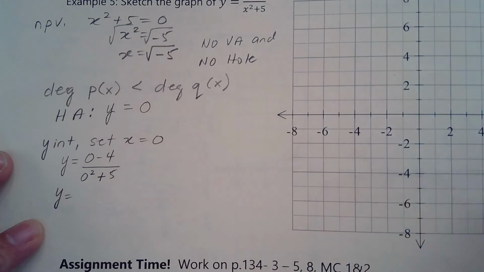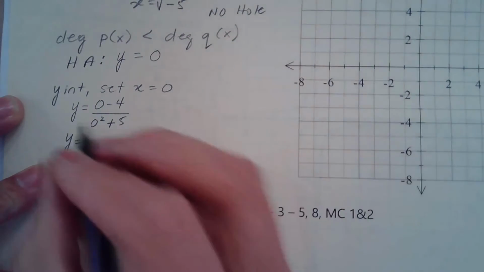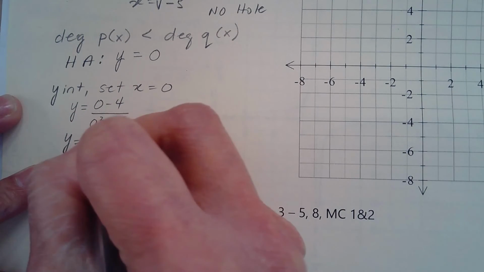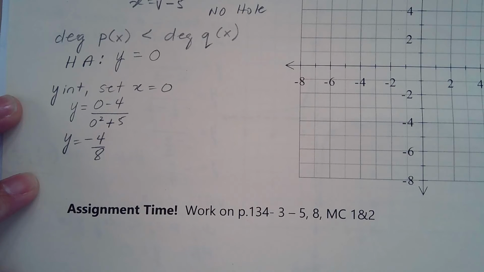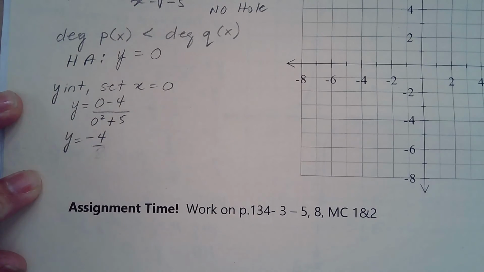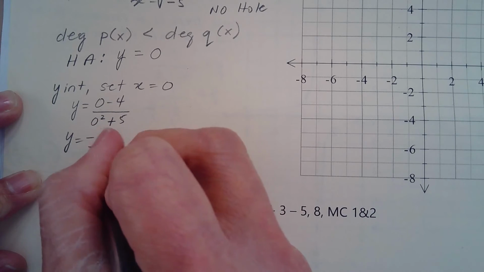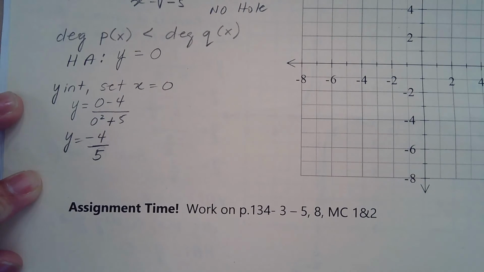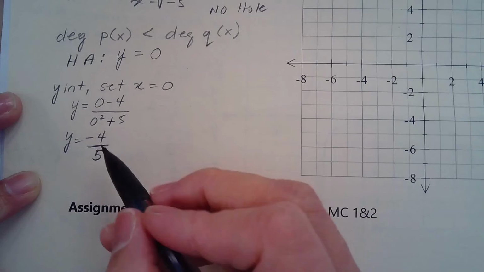So y equals negative 4 over 5. So it's negative point... You know what I'm thinking? It's negative 0.8. That's why I'm thinking, and I ended up putting 8.